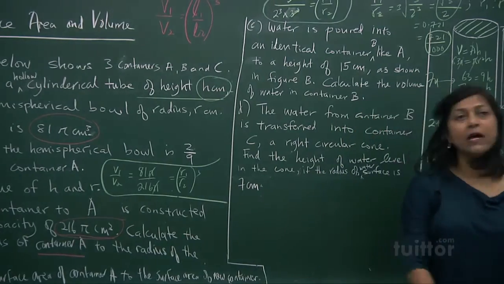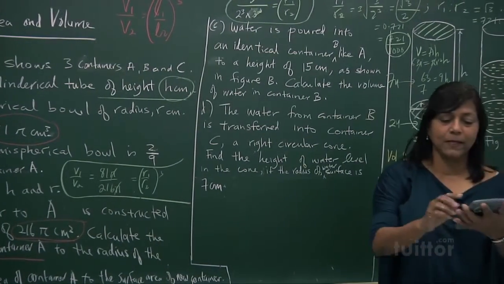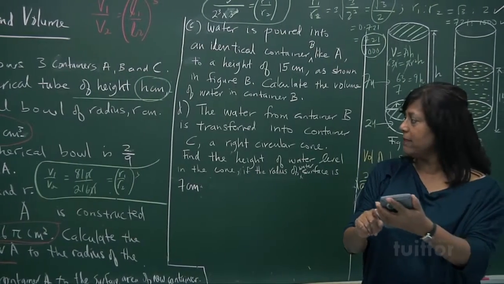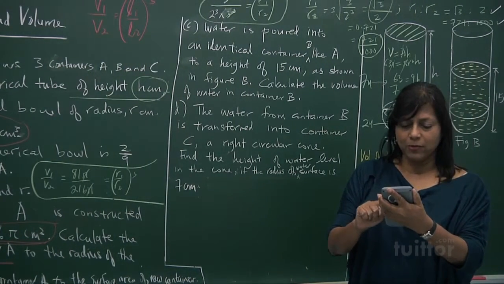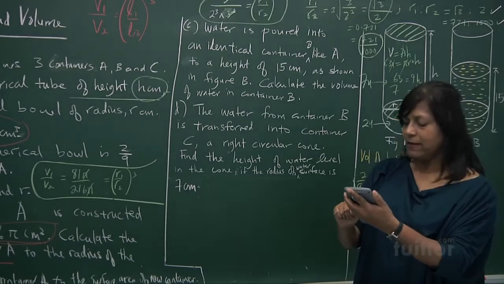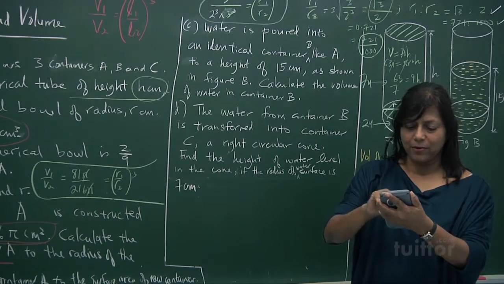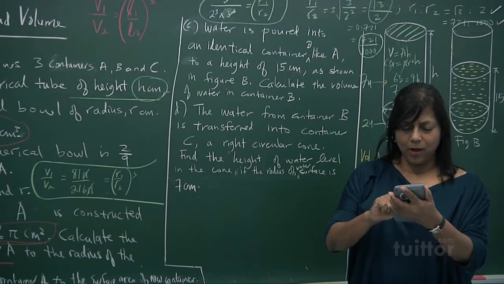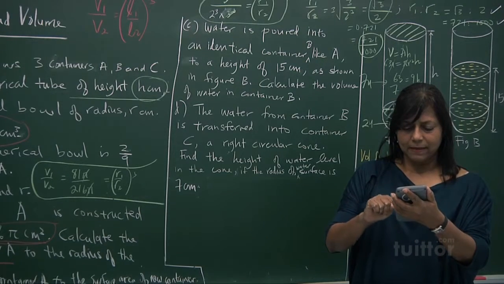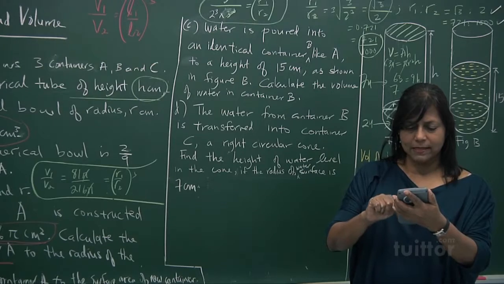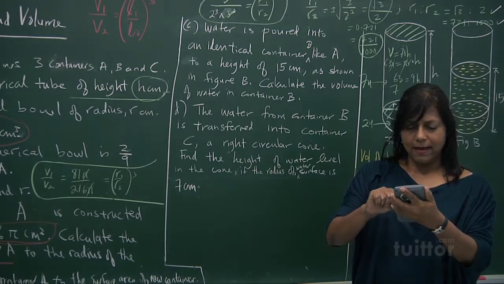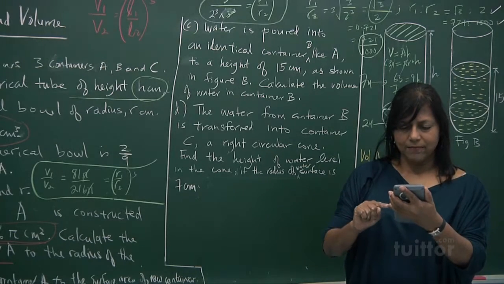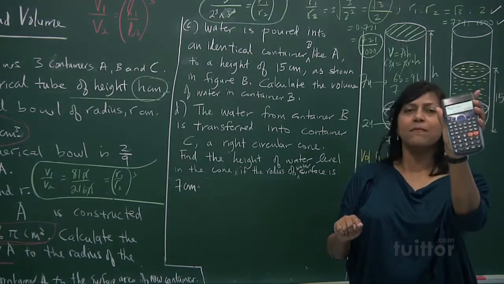Now we can also go directly into it with the calculator. You can find the cube root and put a bracket. I press cube root, and put a bracket 81 divided by 216, and then you will still get the same answer.